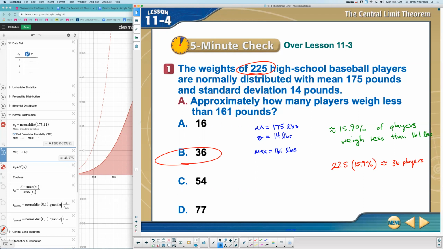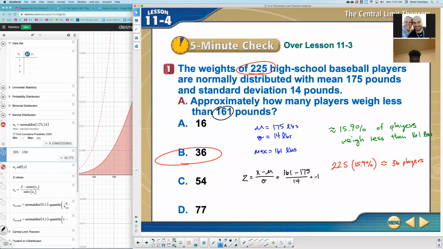Now on part B, by the way, we learned a formula using Z values if you want to go back to the standard normal. And I don't know if you remember, but we said the Z, you would take your particular value you're trying out, which in this particular case is 161. The formula had a little X there for any random value minus the mean, let me just write out the formula, divided by sigma. And so if you wanted to use this, you would have had 161 minus the mean of 175 divided by the standard deviation of 14, and that would have gotten us -1.